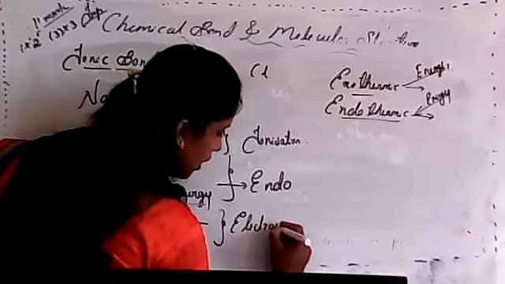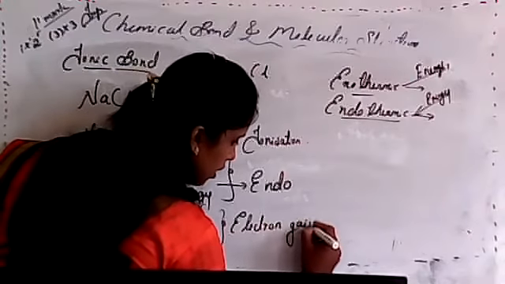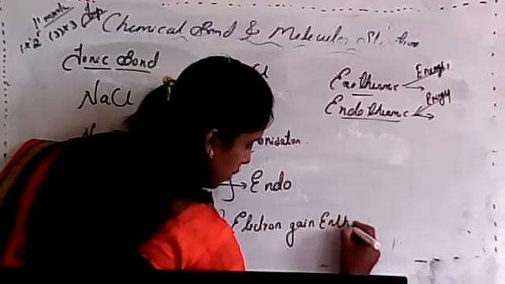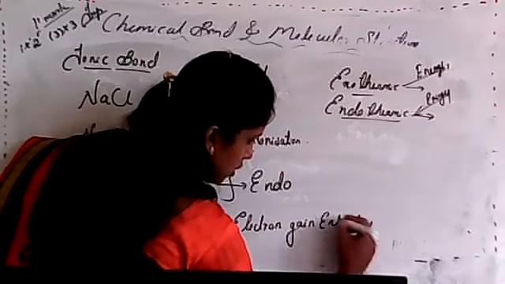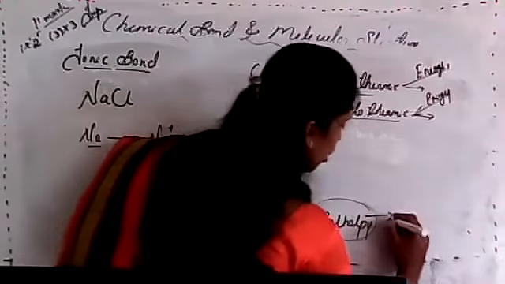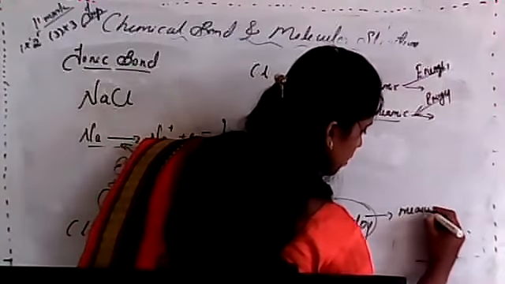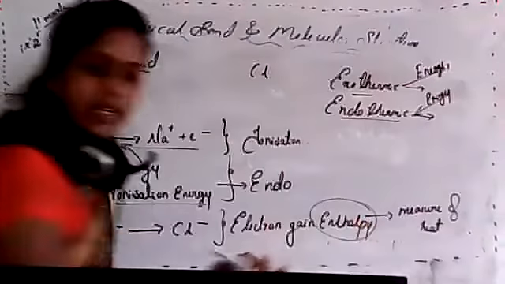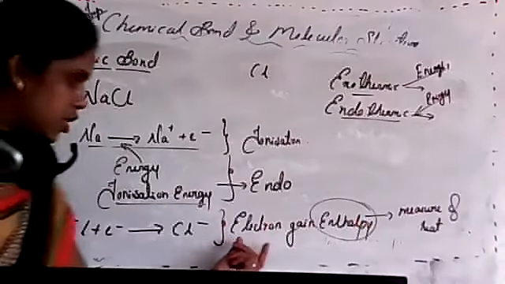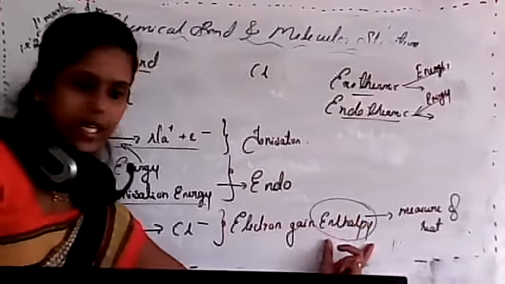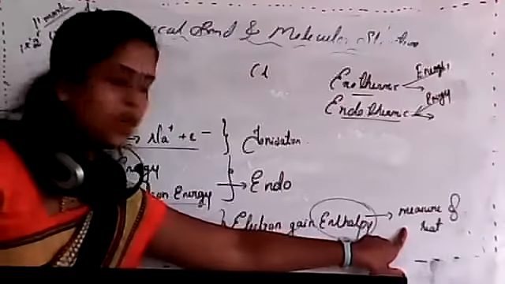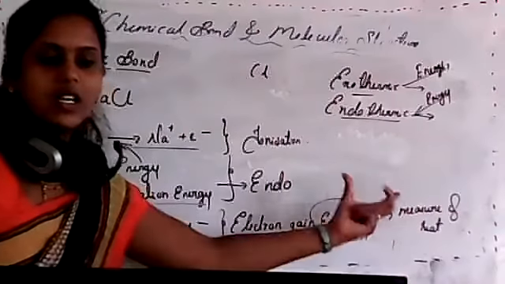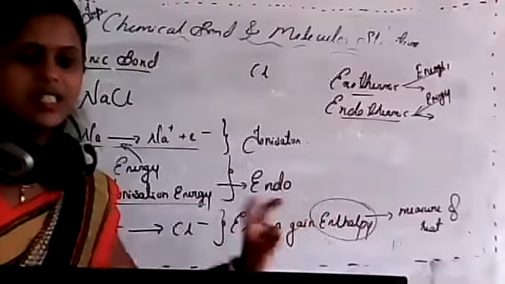And the change in energy is known as electron gain enthalpy. You know about enthalpy, student? So enthalpy is nothing but a measure of heat, or change in heat. It is about energy, change in energy.